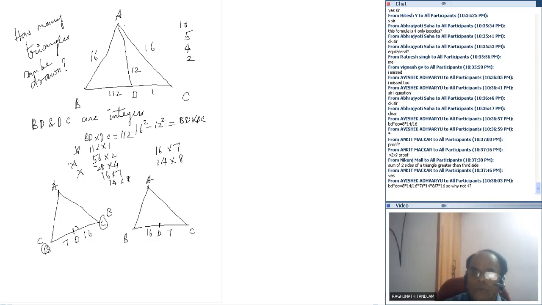You are assuming it to be a right angle triangle. So, Rogan, you are assuming AD is an altitude. I understand your point. But I said AD is any line. I wanted an answer which is independent of the lines.